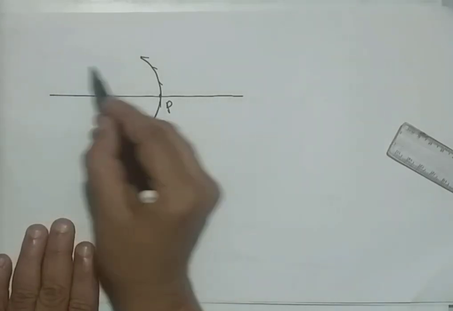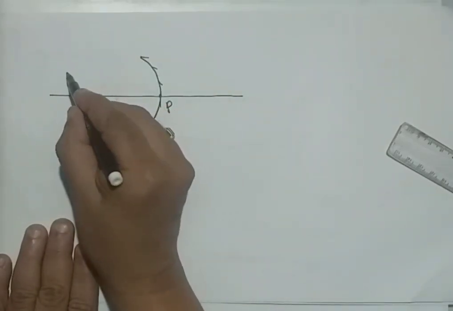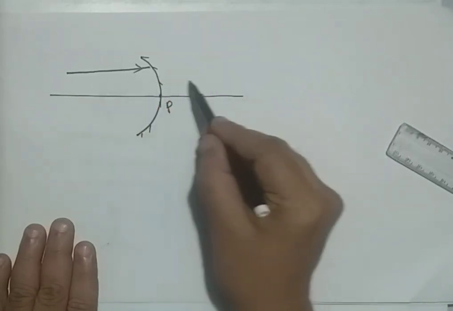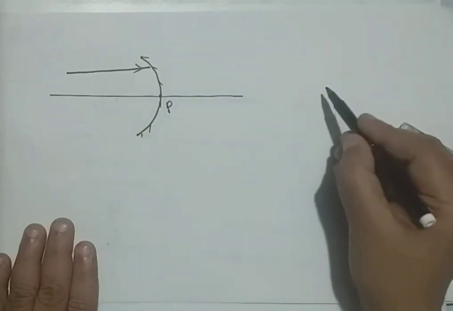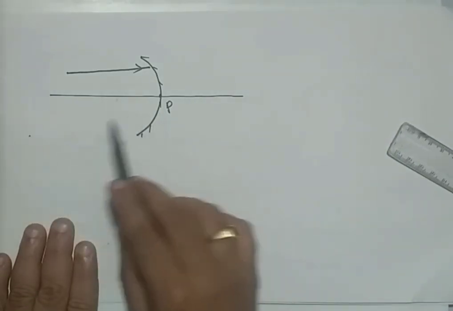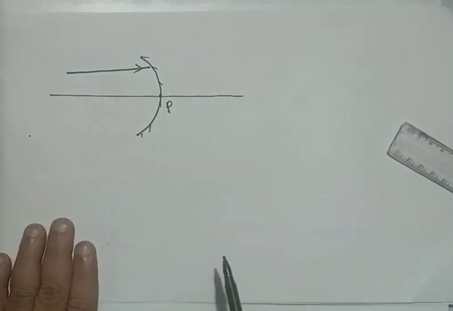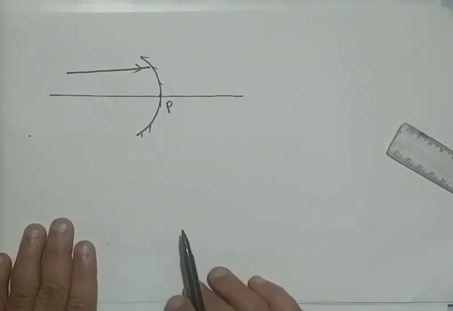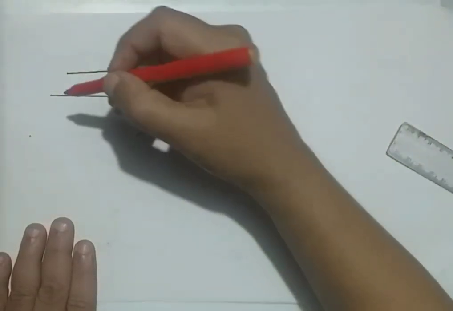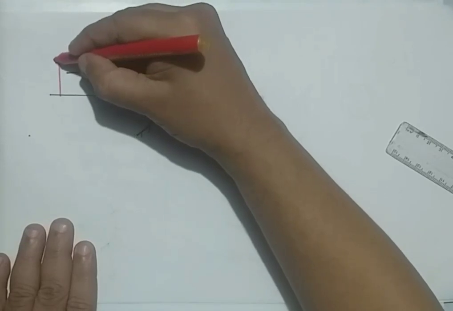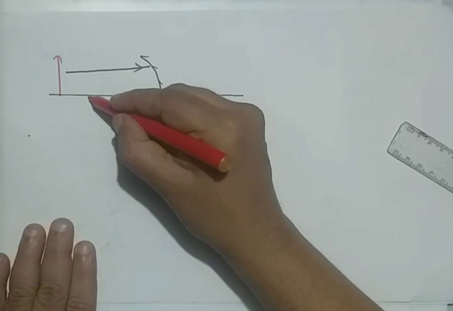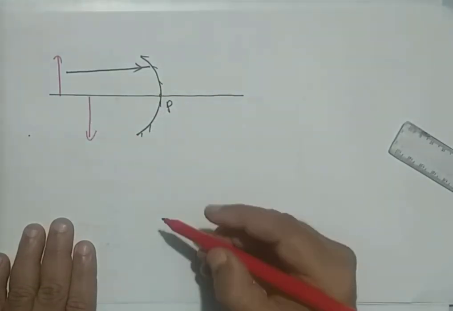That means, as this is the mirror, the incident beam is from the left side, so in this direction all distances are positive, and in the opposite direction, towards the left of the pole, all distances measured are negative. Third, all the distances measured above the principal axis are positive, and below the principal axis are negative.